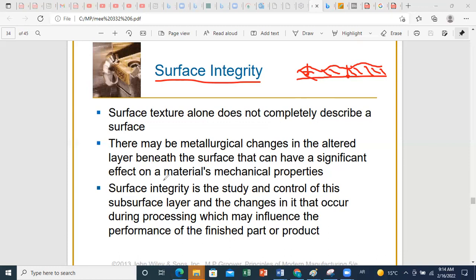Surface integrity is the study and control of the subsurface layer and the changes in it that occur during processing, which may influence the performance of the finished part and product. So now we'll talk about several processes that will affect the surface integrity.